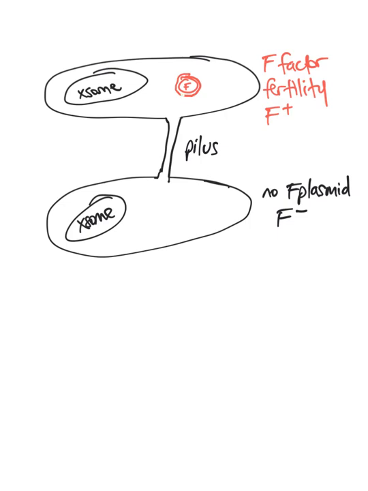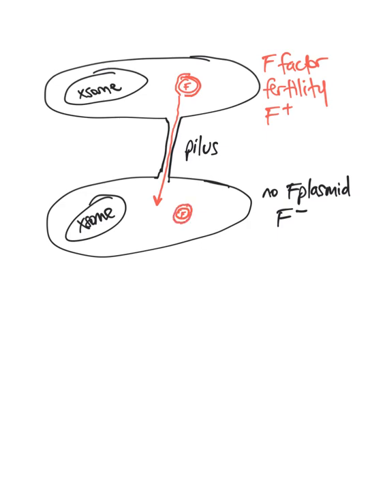And then this one strand that has a little nick in it is going to travel through the pilus into the F- cell, into this recipient cell. And we can get the entire F factor transferred over, or at least one strand of it, from the F+ cell to the F- cell.